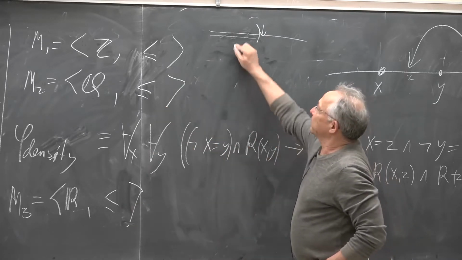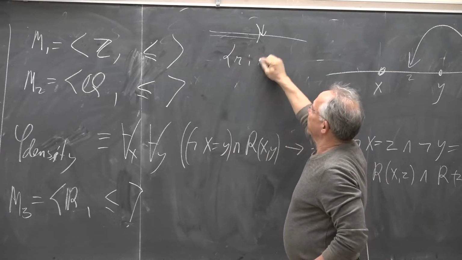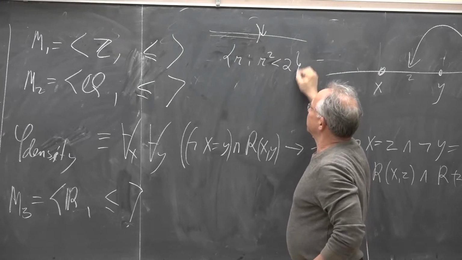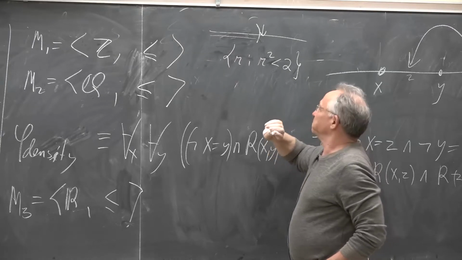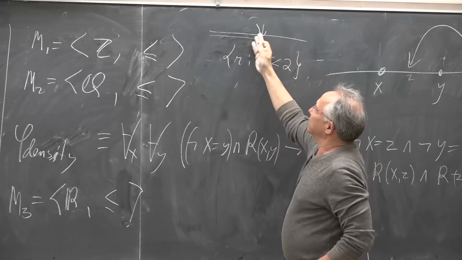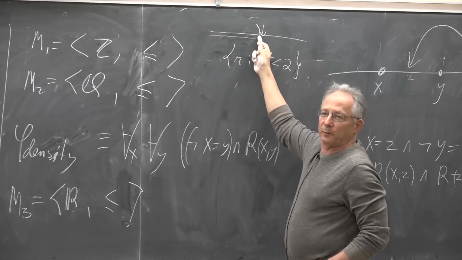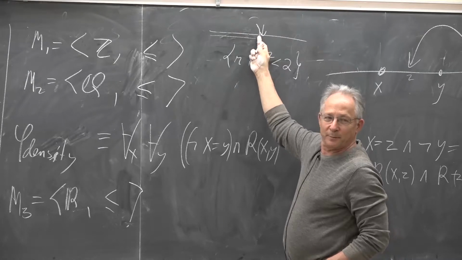For example, if I look at the set of all rational numbers r such that r squared is less than 2, then I will get such a cut without a top, because the top element should have been the square root of 2, and the square root of 2 doesn't exist in the rational numbers.